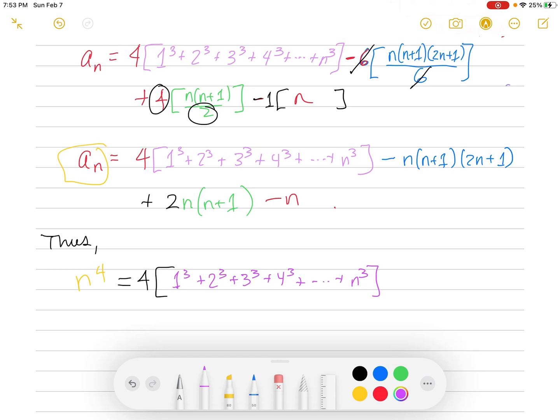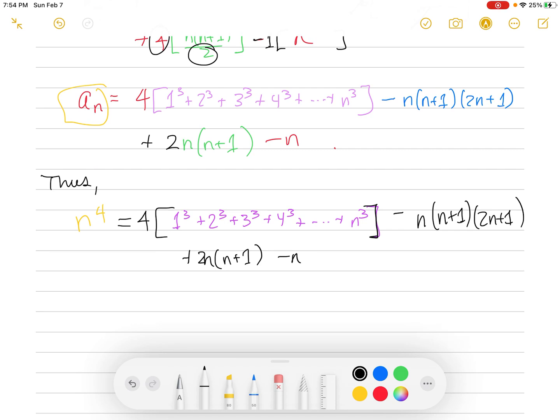We want to get this purple by itself at some point. Minus n times n plus 1 times 2n plus 1 plus 2n times n plus 1 minus n. Okay, this is not too pretty. Okay, let me put this n back in there. There it is.